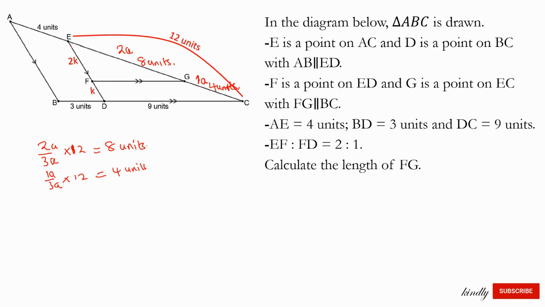Let's start with the smaller one. In triangle EFG and triangle EDC, we have this angle here, which is common for both triangles, the smaller one and the bigger one.